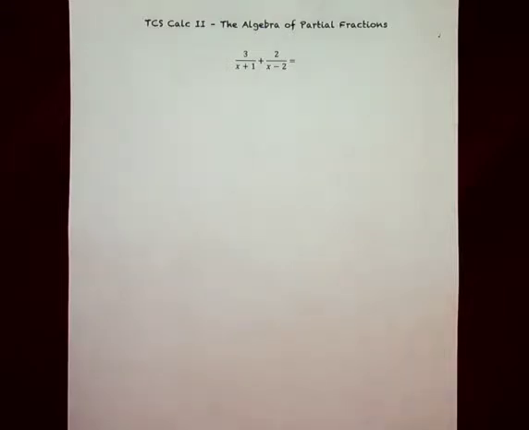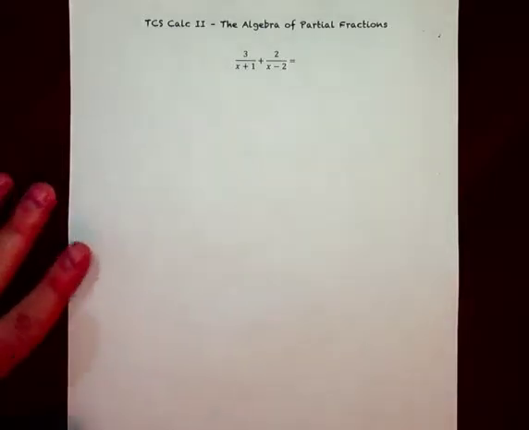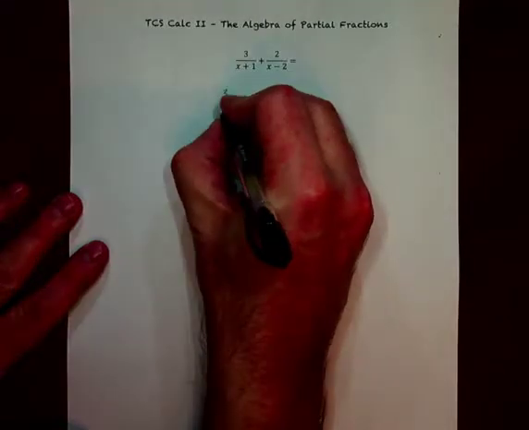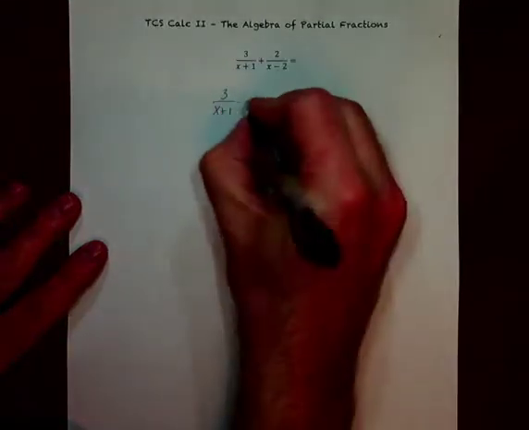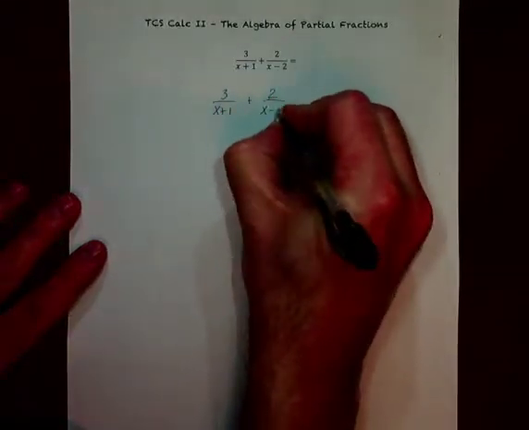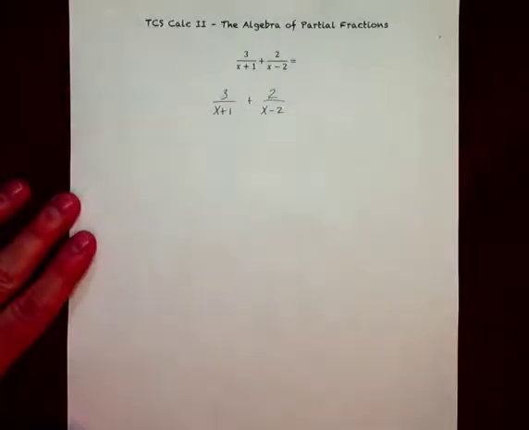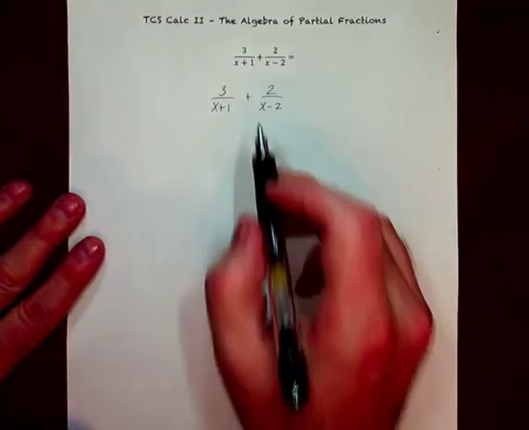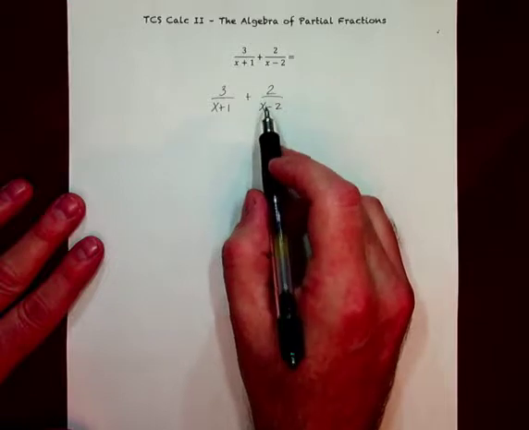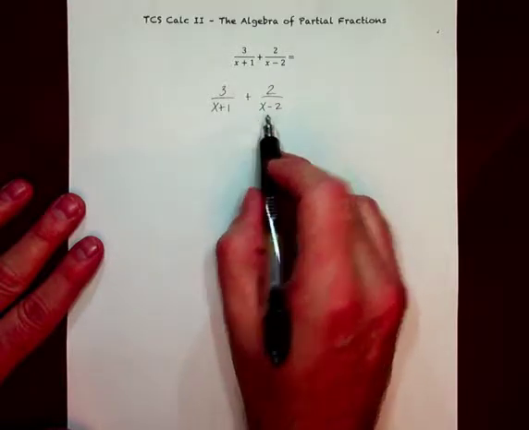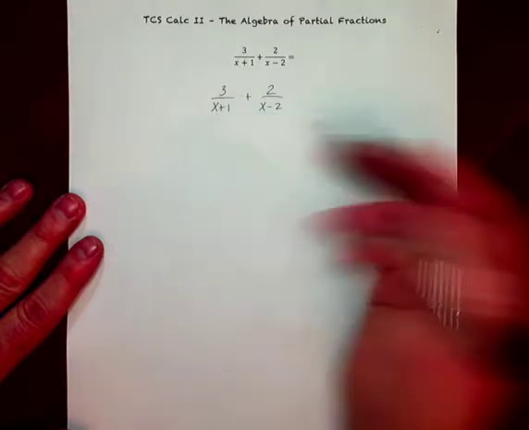Now, if you were in Algebra 2 and you were presented with something like this, and they say execute the sum, or basically simplify by adding these together, you know that this is a process of getting a common denominator, right? Just like numerical denominators, you need to look at this denominator and say, what factors are here that are not here? And the answer is x minus 2, right?